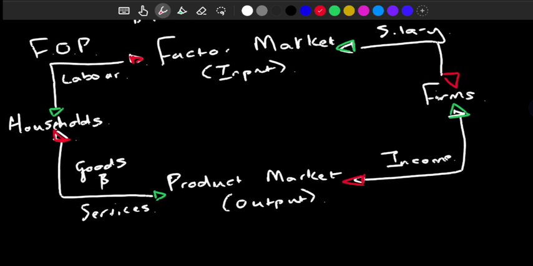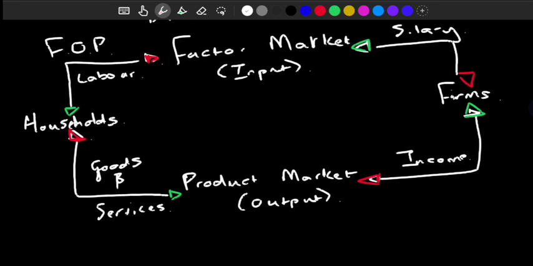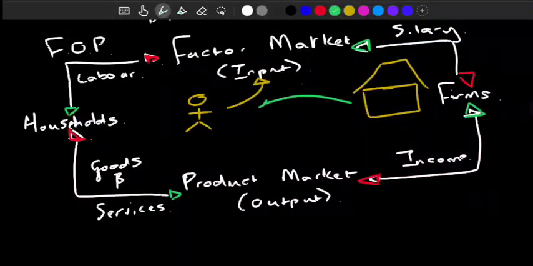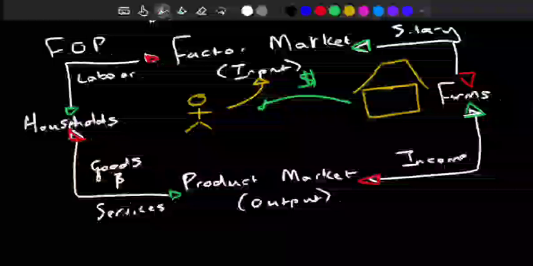So just a simple example of this. This is Bongani. I go to work at the factor market, which is the firm. I go work at the firm, and the firm pays me money. This all happens in the factor market.